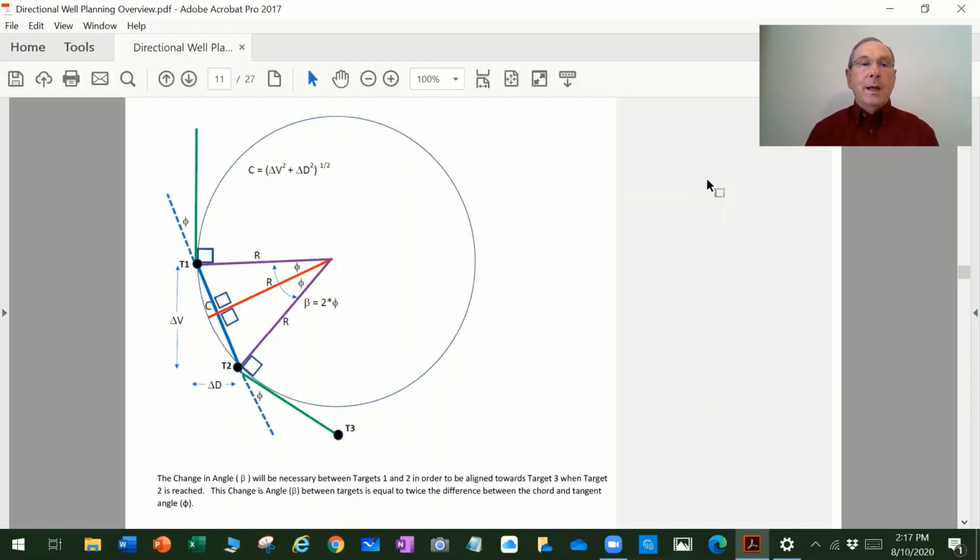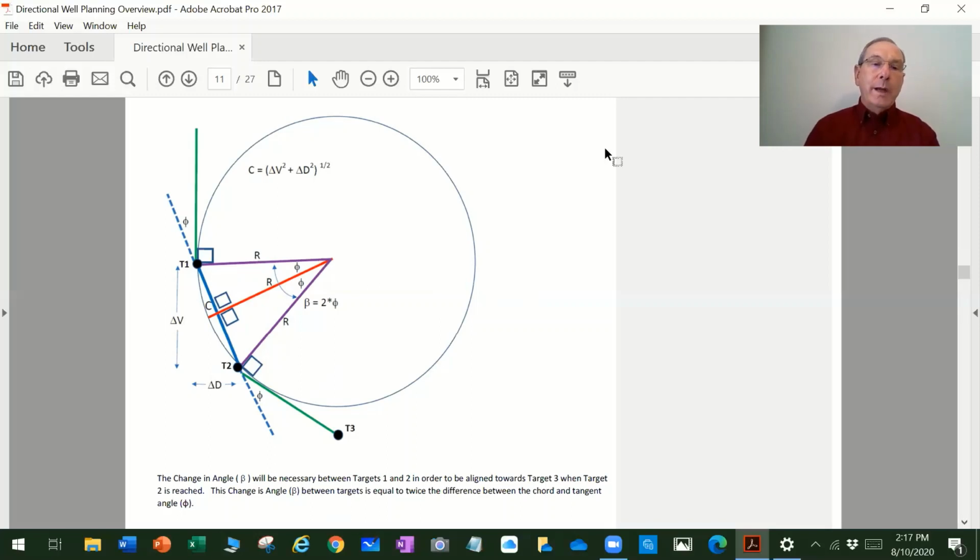I'm sure it was taught in high school geometry a long time ago, but people don't use it every day, and so they have forgotten this concept. But it is very important for directional planning.